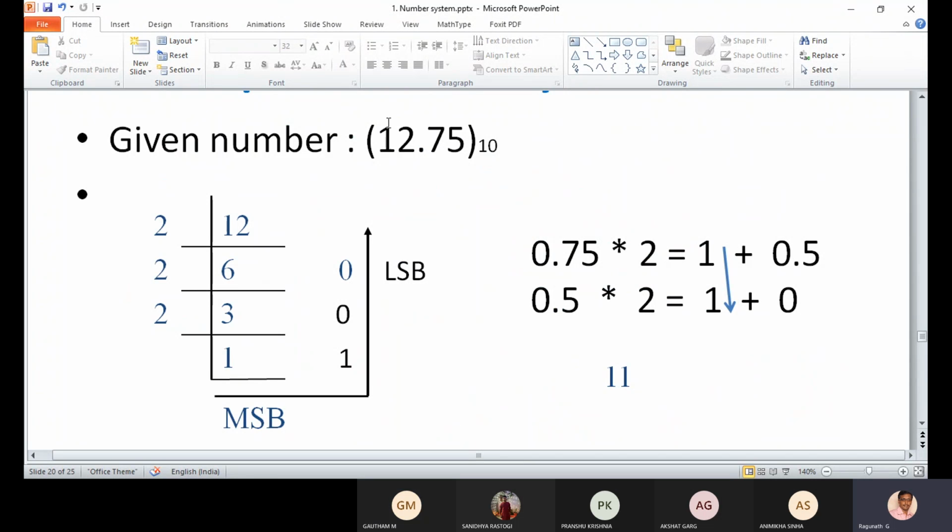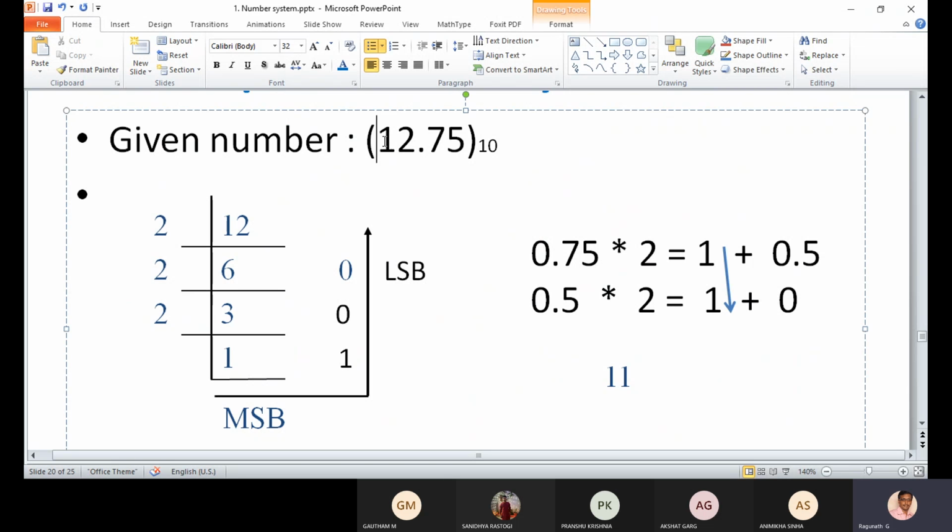Yes, sir. Now the given number system here: decimal, binary, octal or hexadecimal? The 12.75 is decimal. How do you know it's decimal? The base 10. Yes, please make a note.